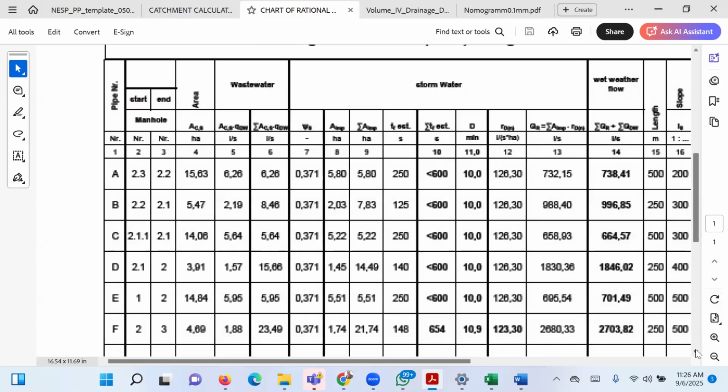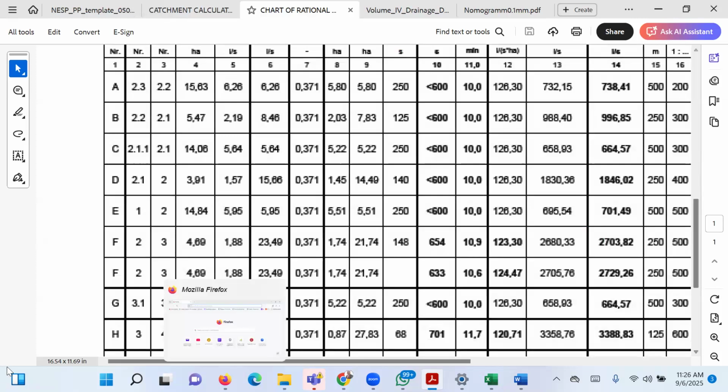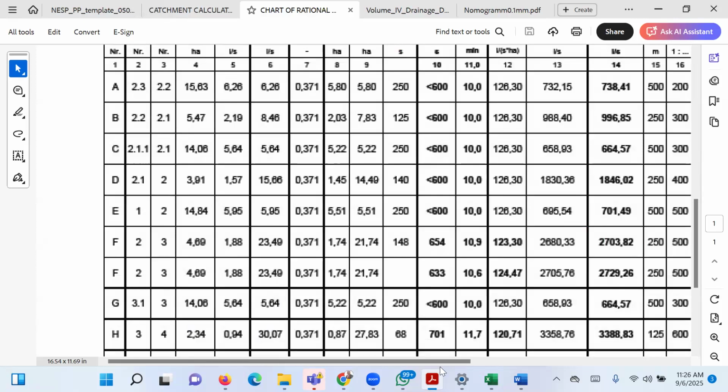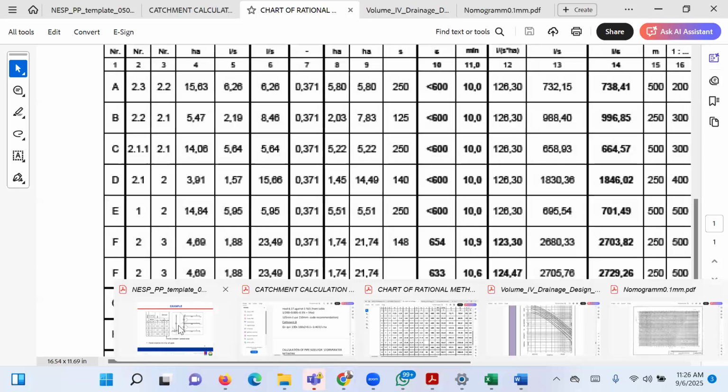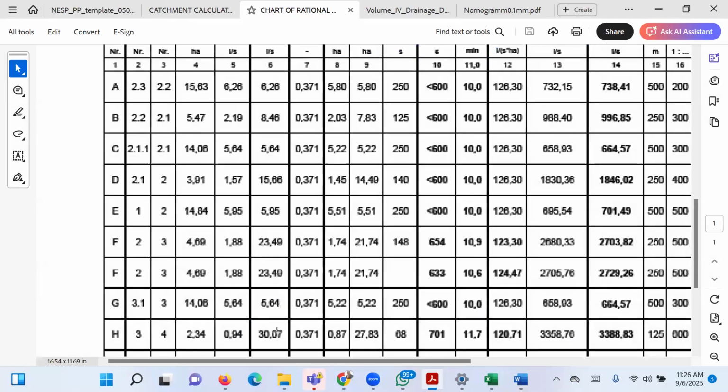So when I get to point G, when I come to point H, sorry, if you look at it here, let me demonstrate this. Point H here, which is here, this is point H, is going to be the value of F plus the value of G plus its own value. So if I go to the chart, the value at H will be, its own value is 0.94.